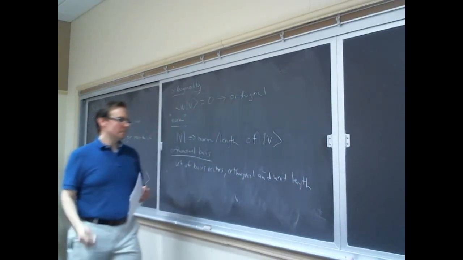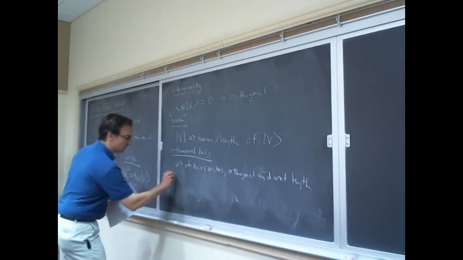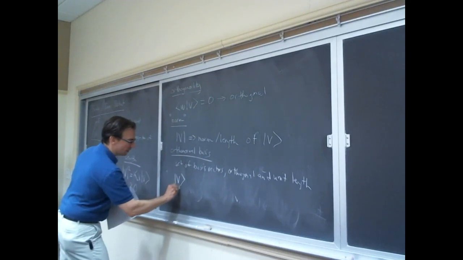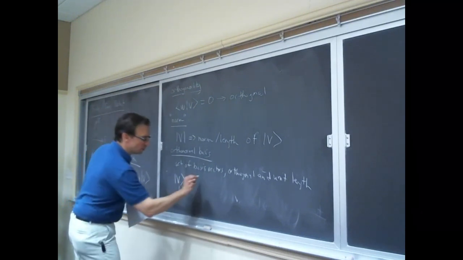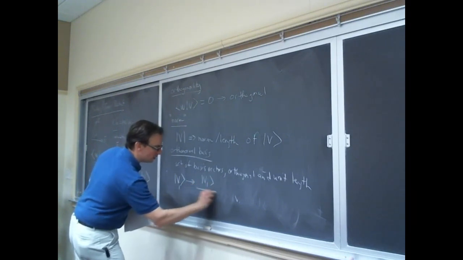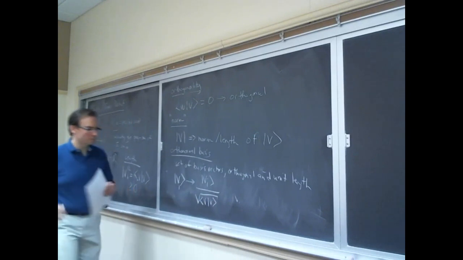Okay, so if you have a set of basis vectors, the way you get them to be unit length, let's say you've got V_i, but they're not necessarily unit length. You can convert them to unit length by taking the vector and dividing by the magnitude, the norm of the vector.